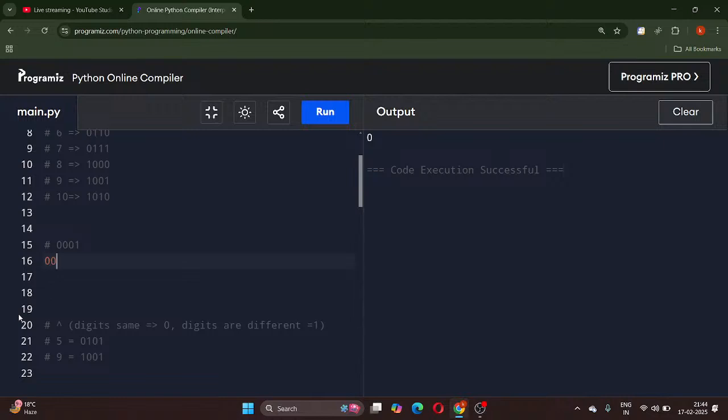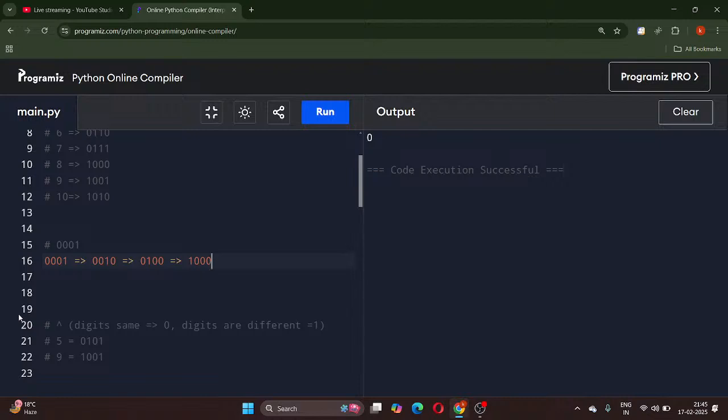Initially it was 0001, and when you left shift this number by one unit, it will become 0010, right? If again you go for left shift, then it will become 0100. If again you left shift it, then it will become 1000, right?